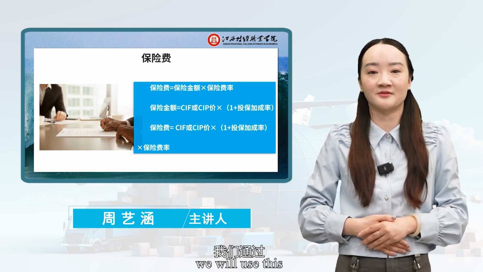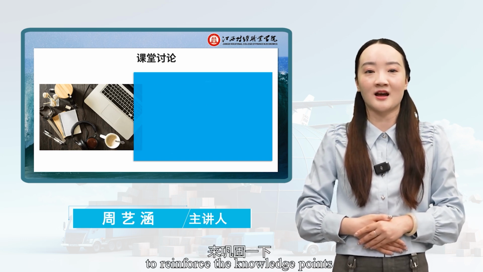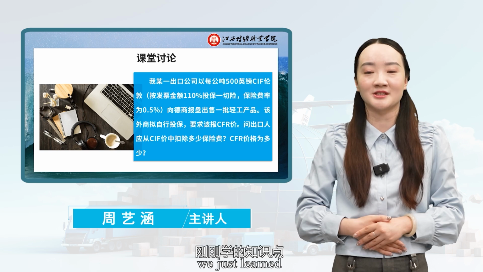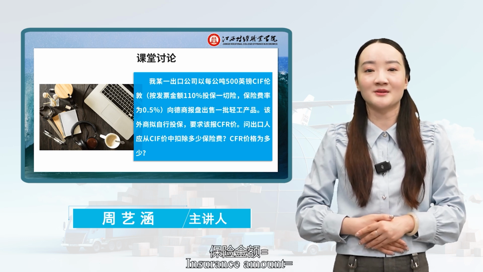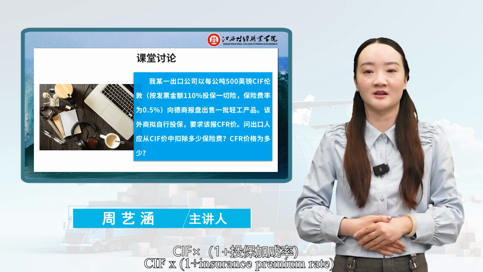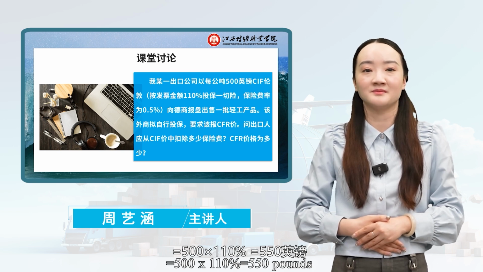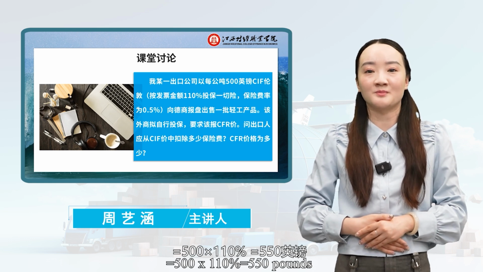Next, we will use this classroom discussion question to reinforce the knowledge points we just learned. Insurance amount equals CIF multiply 1 plus insurance markup rate, equal 500 multiply 110%, equal 515 pounds.